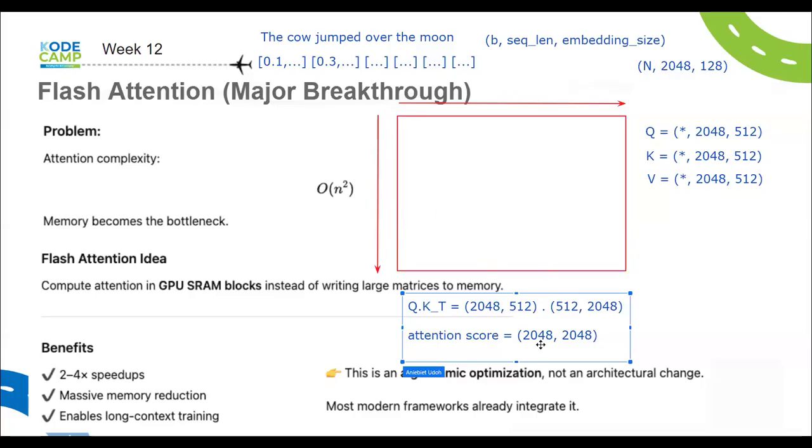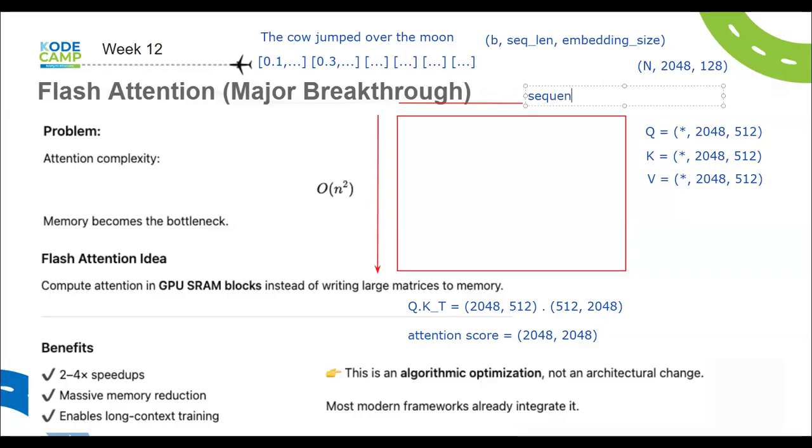That is this attention matrix, 2048 by 2048. So this can blow up massively. That's why they say it's O of n squared. Big O is a way of measuring what we call complexity, the complexity of a computation.